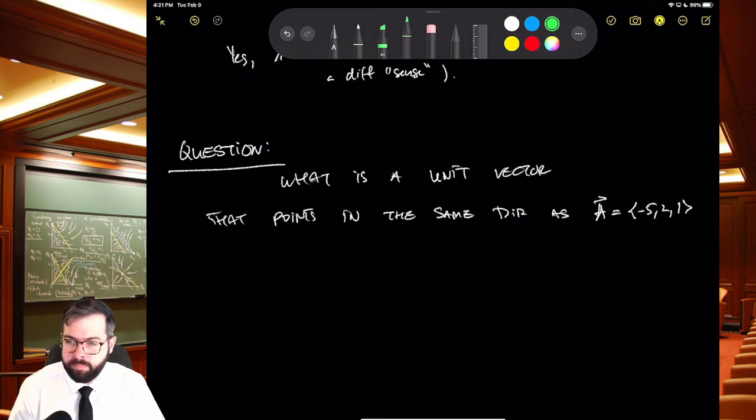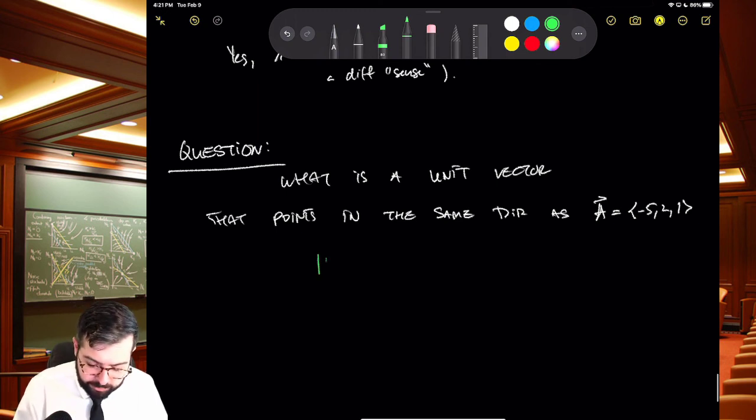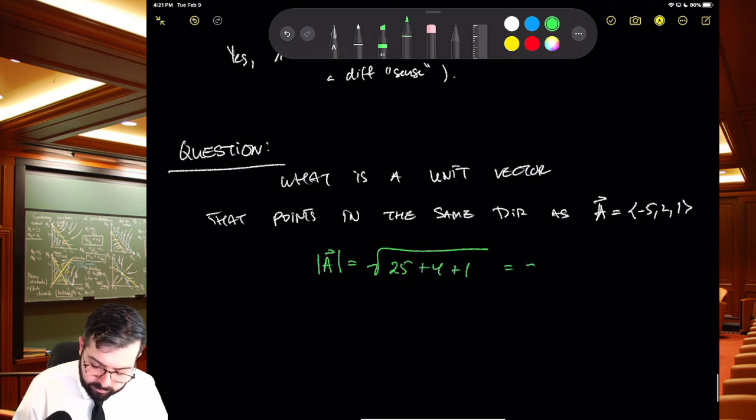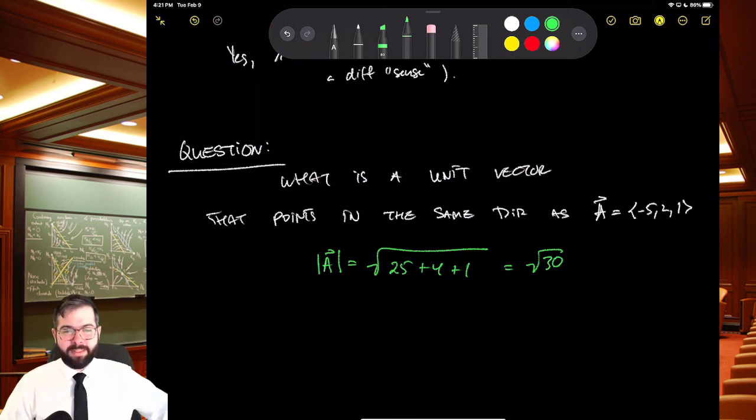You would just calculate the magnitude first, and then you would do the division that you showed earlier. Absolutely, yeah. So we calculate the magnitude, right? It's going to be the square root of 25 plus 4 plus 1, radical 30.